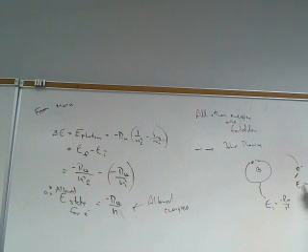The second allowed energy is minus R sub H over 2 squared. The next one would be E3, which is going to have a higher energy, minus R sub H over 3 squared, which is 9.